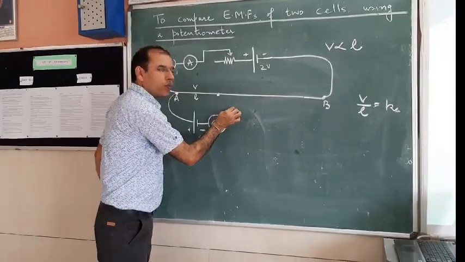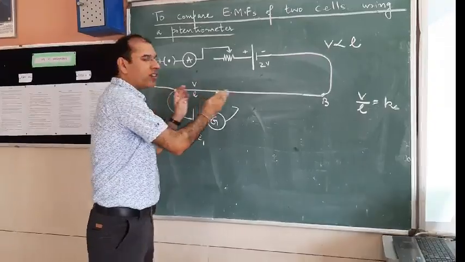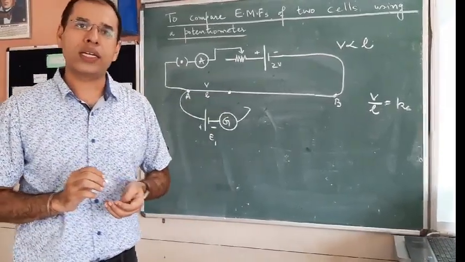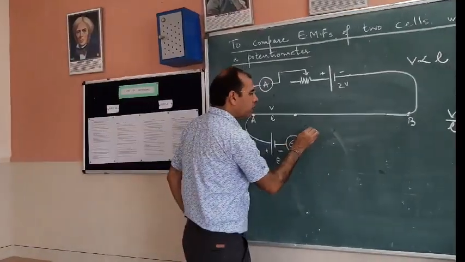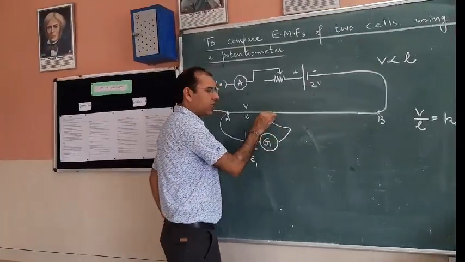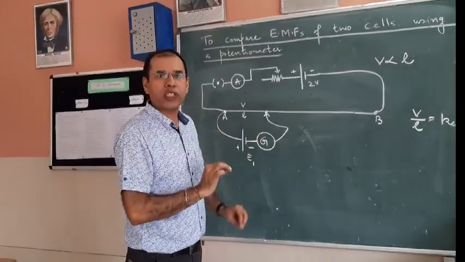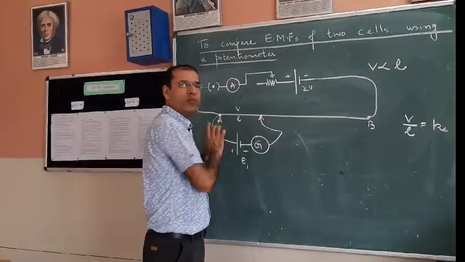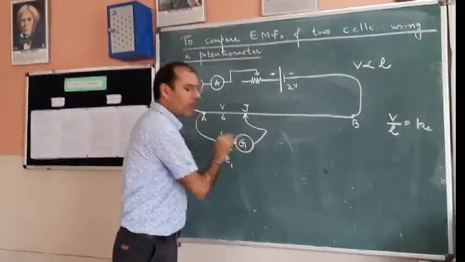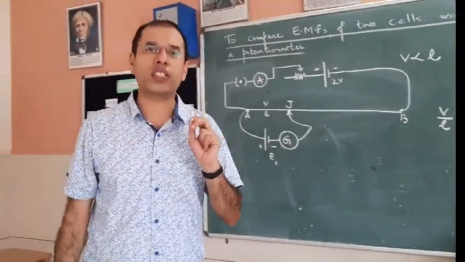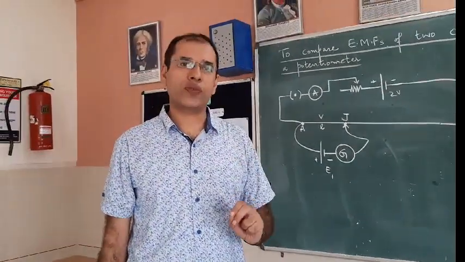This jockey we are going to touch at several places on this wire, and we will see that by touching the jockey at some specific point, at distance L from A, the galvanometer shows no deflection, meaning no current is flowing.